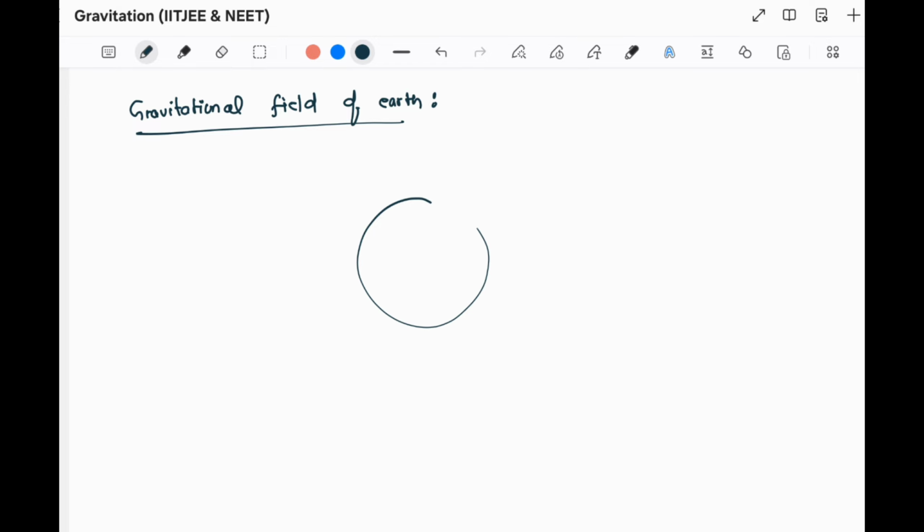Suppose this is our Earth, with some mass of Earth, me. Any mass which is kept on the Earth's surface will be attracted by Earth.